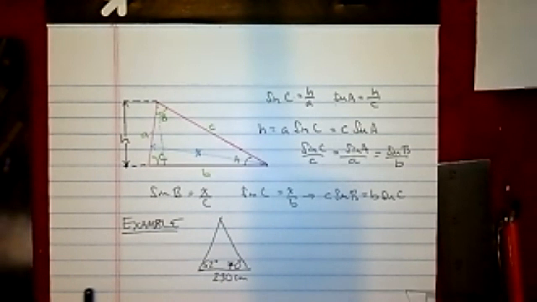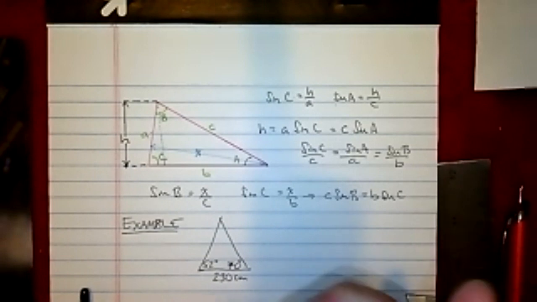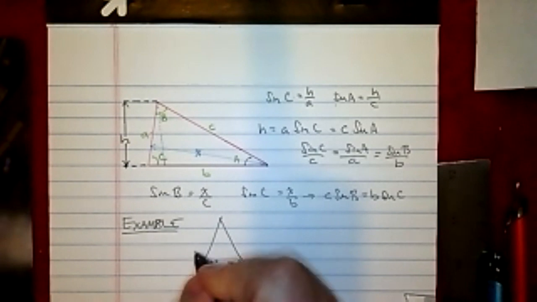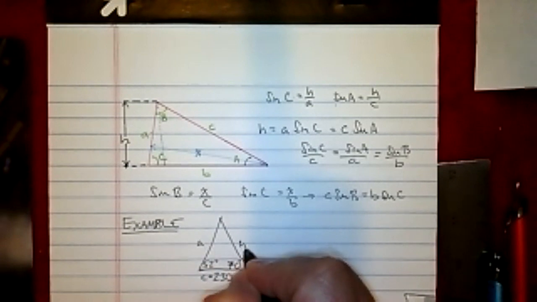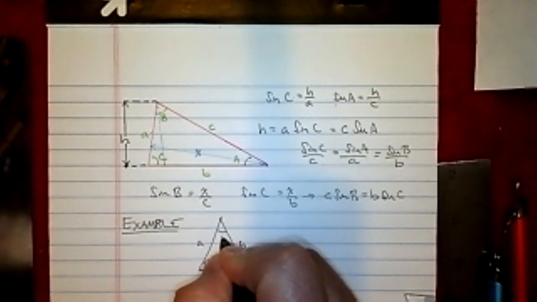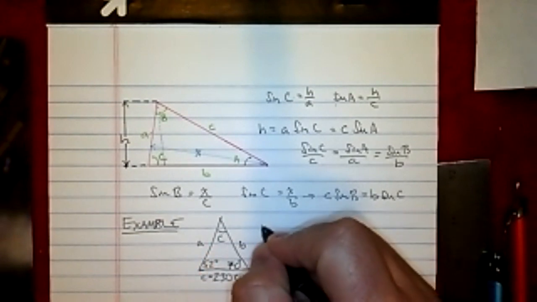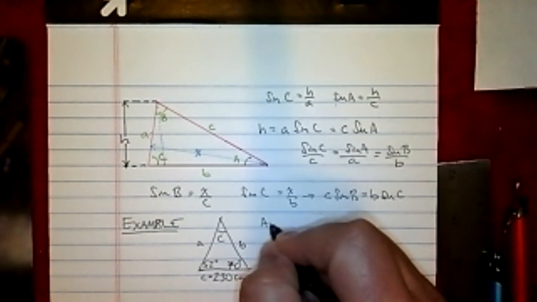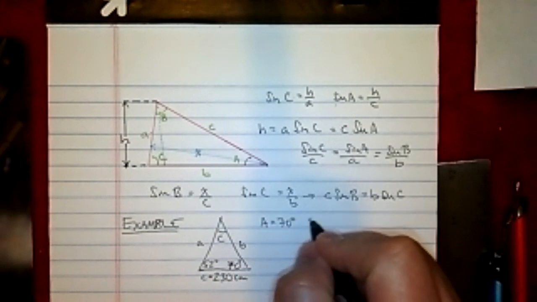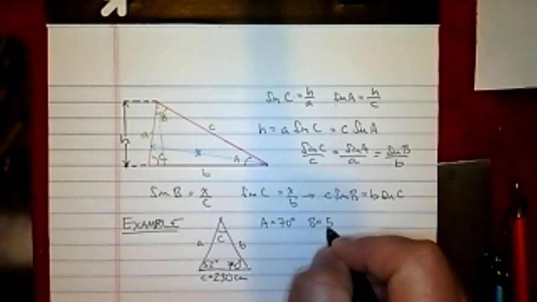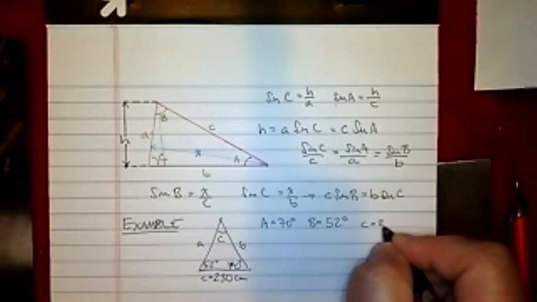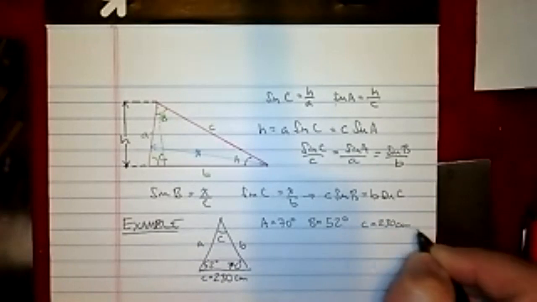So for instance, let's call this side c, let's call this a, and let's call this b. Then of course this angle right here is big C. Big A is 70 degrees. Big B is 52 degrees. And of course, lowercase c is 230 centimeters.